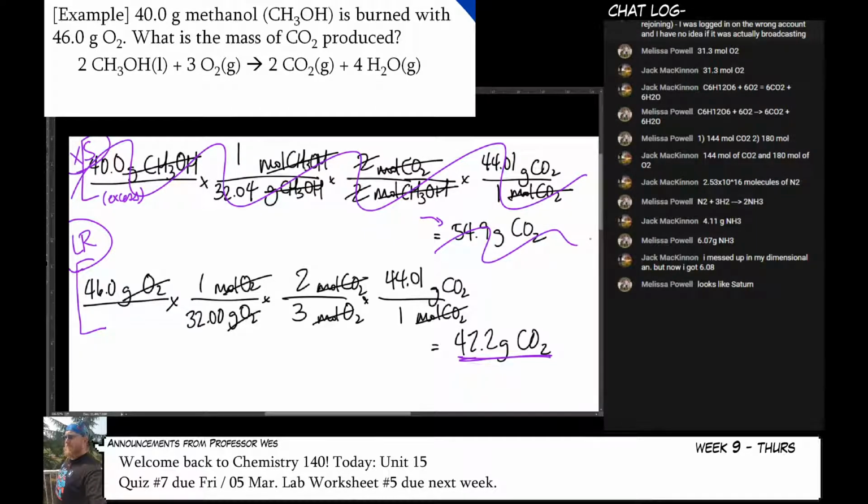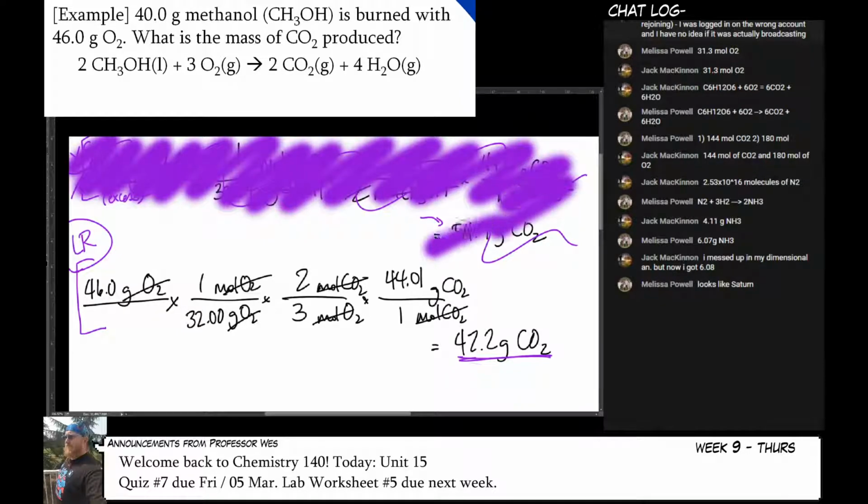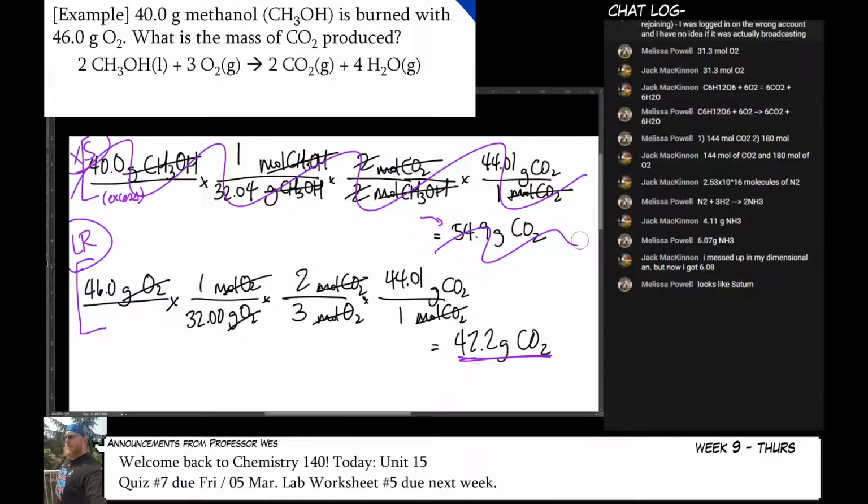Now, it may be useful information for a later problem, so what I would recommend is that you do a loose scribble and don't do something like this and obliterate the answer or erase it, because if you need that information, now you have to do the problem again. So undo that. Now I gotta get my old brush back. There we go.